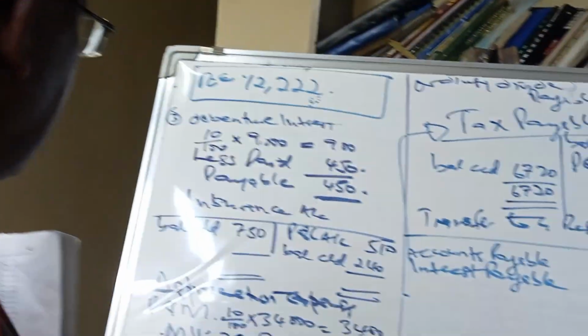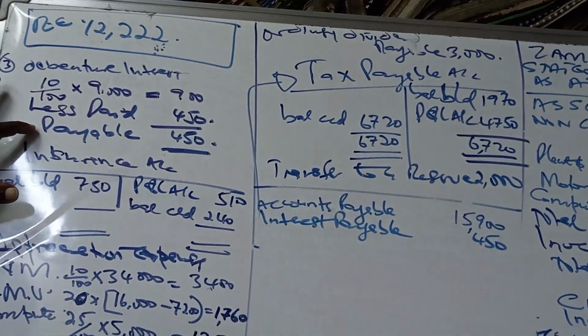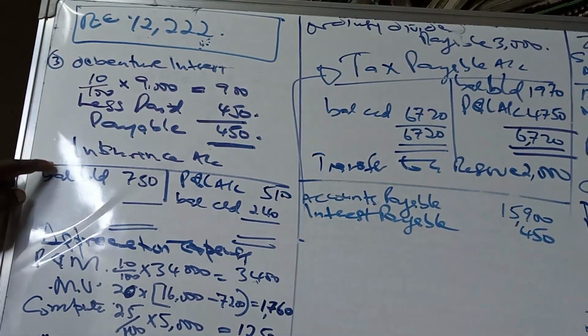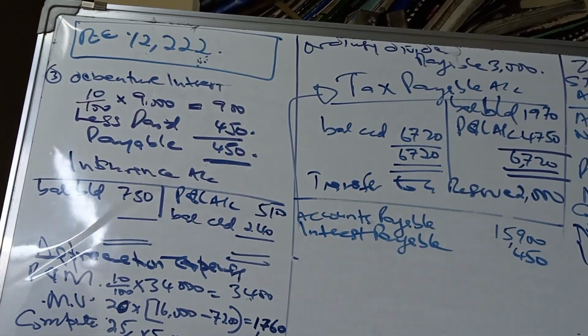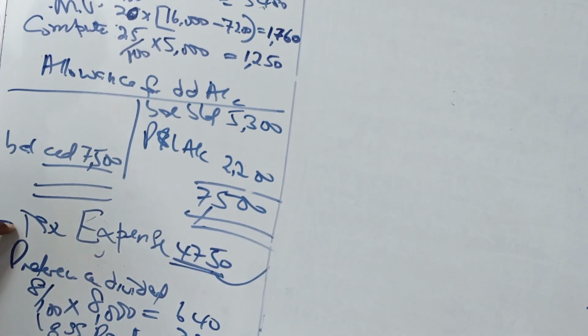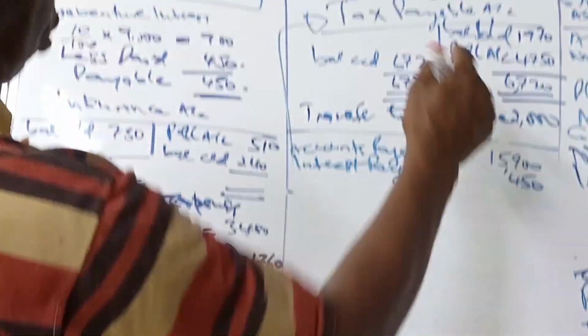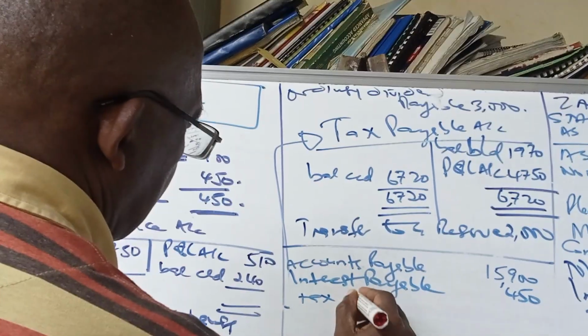So we move on and look for any other liabilities. There is interest payable of 450. We quickly check the tax expense. We know our total tax payable is 6,720.